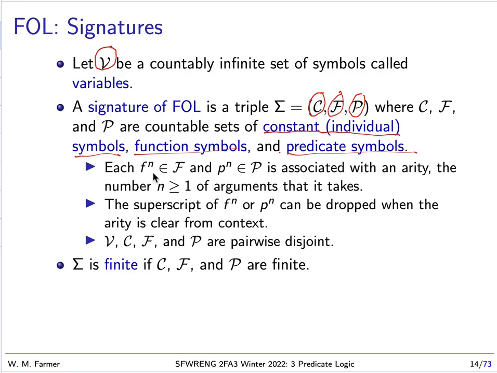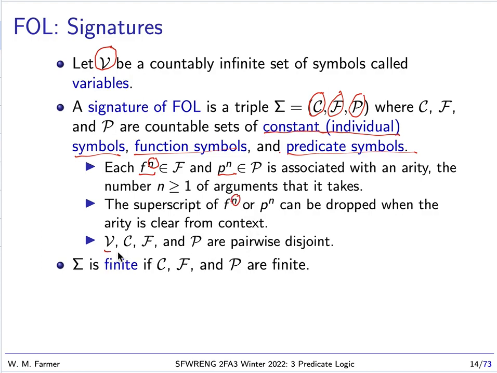And the function symbols and the predicate symbols come with an arity, because these symbols are going to be applied to a certain number of arguments, and that arity tells you how many arguments it can be applied to. So a function symbol is applied to a fixed number of arguments, that's its arity. Often this little superscript is dropped when we know what it is.